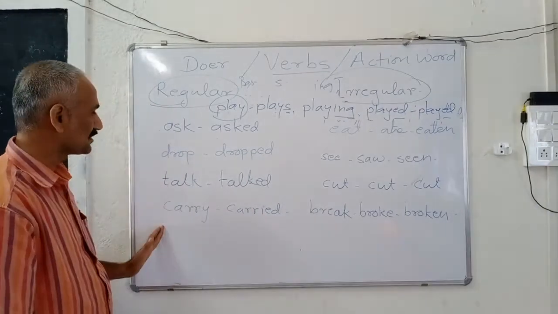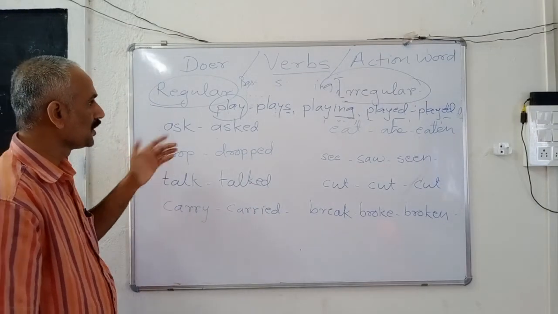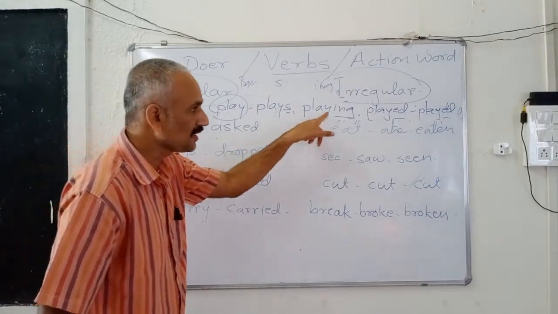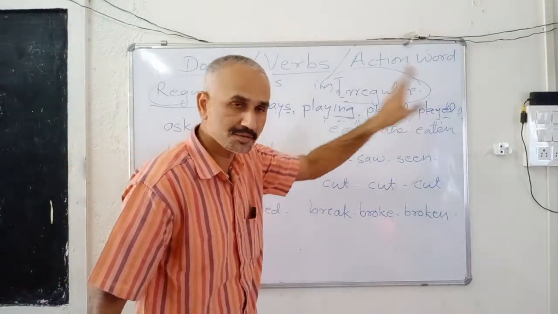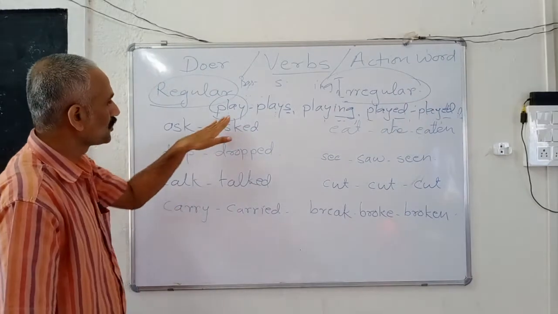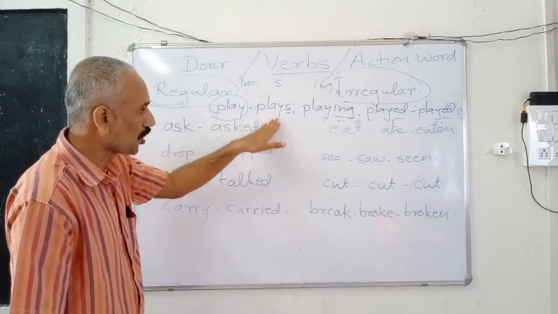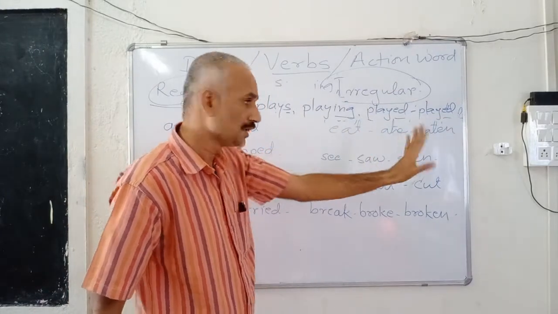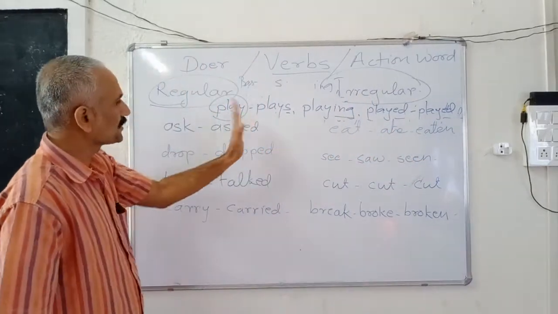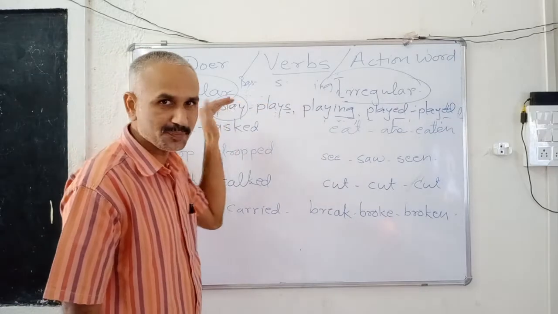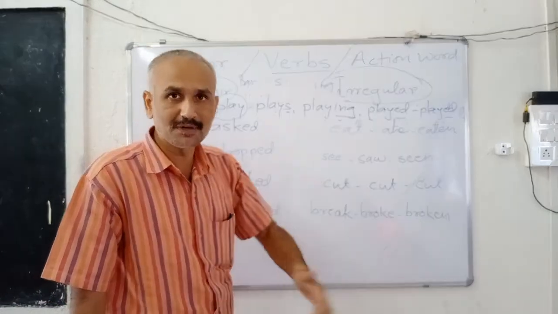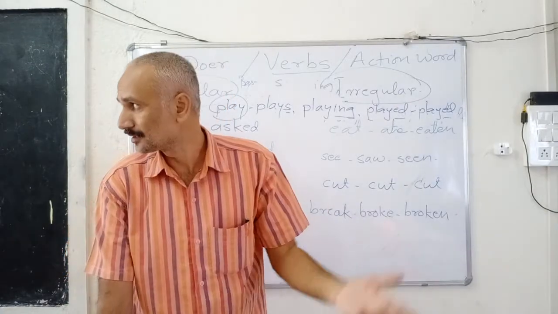These are some examples. Drop is the basic verb: drops, dropping, dropped. Talk is the base: talks, talking, talked. So in all these forms, a typical pattern is followed when you convert the verb into different forms.